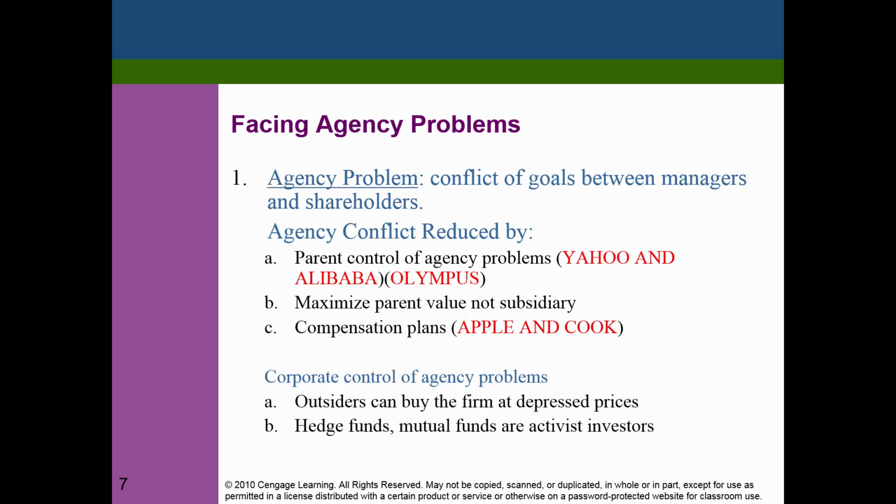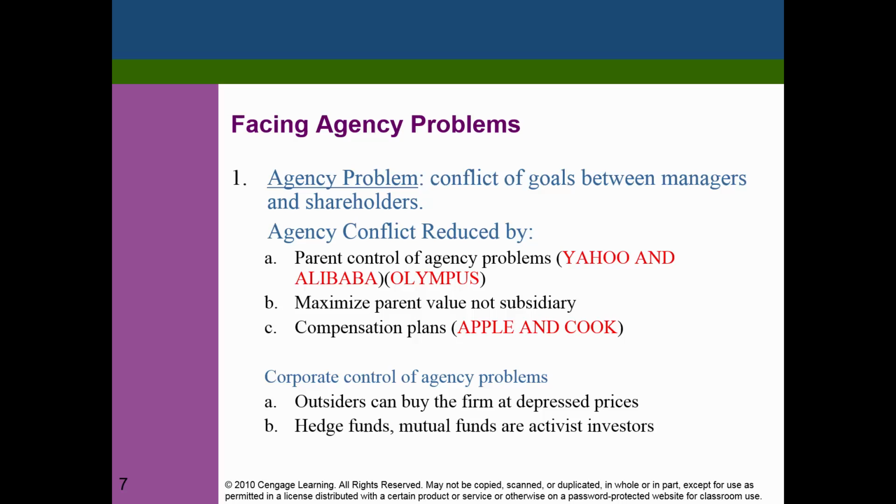So that is what is meant by the compensation plans that can be used to reduce the conflict of interest. Now, what else do you see here? Corporate control of agency problems. Now here what you see is that outsiders can buy the firm at depressed prices. So here what we are saying is that whenever the value of the firm goes down, perhaps due to mismanagement, there is a chance that people from outside, such as hedge funds, private equity investors, and so on, really like to buy stock when the stock is going down, and especially when they believe that they can turn around the firm.